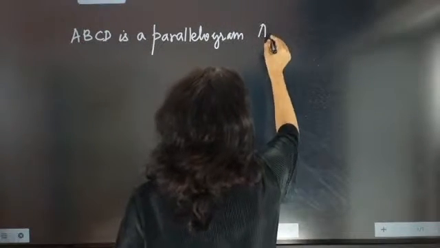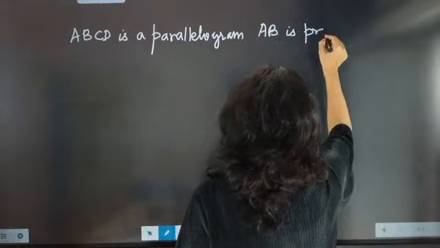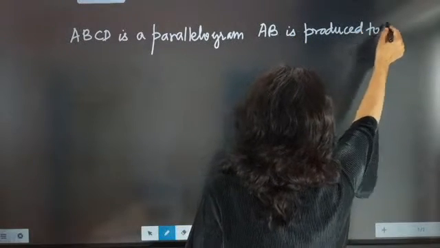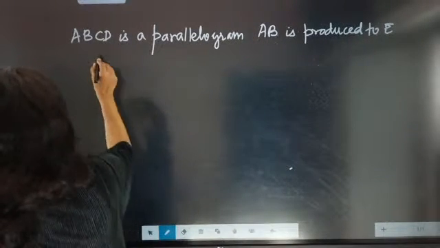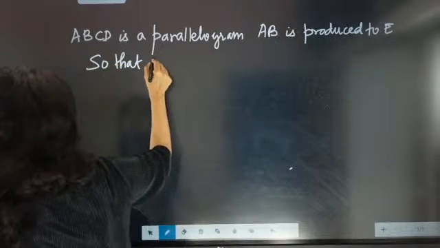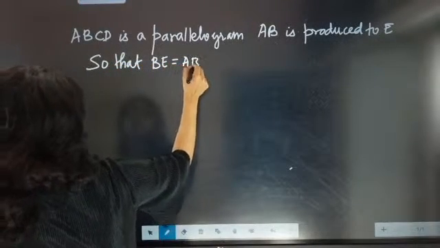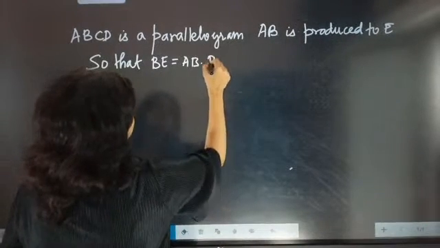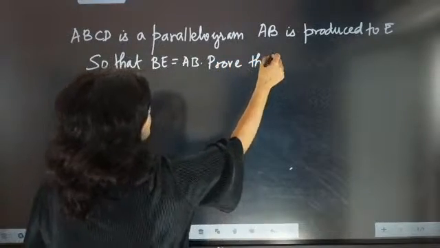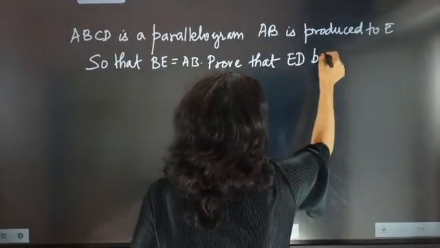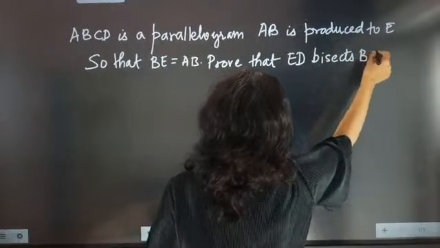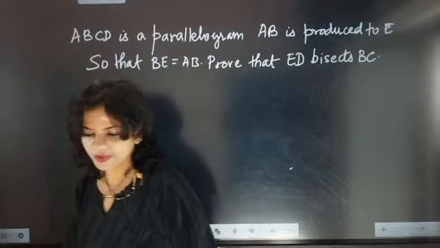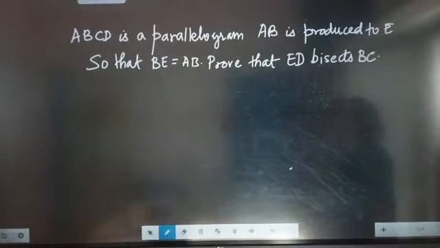AB is produced to E so that BE equal to AB. Prove that ED bisects BC.